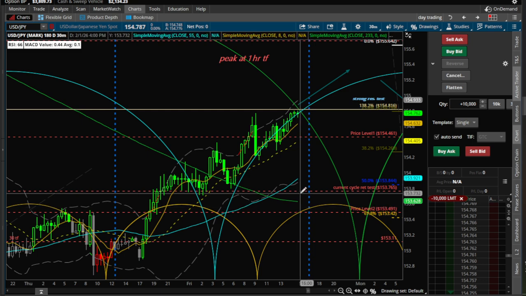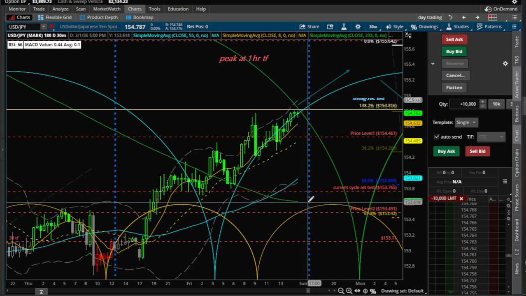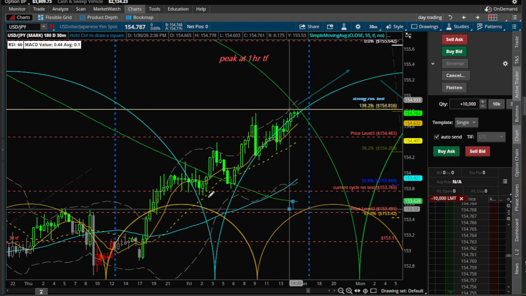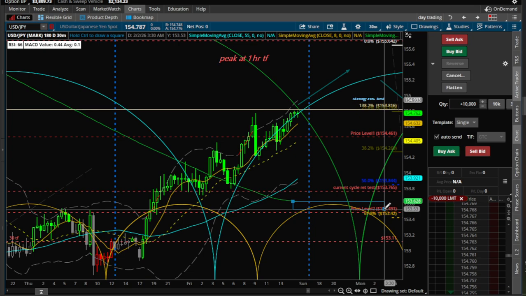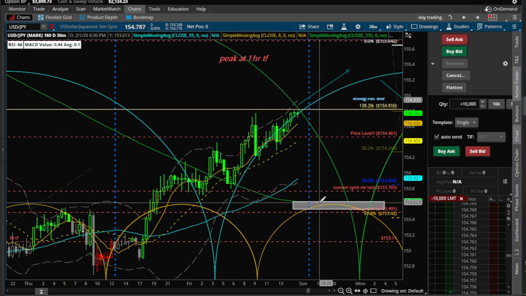Okay. So if we had a long entry at 153.765, we're going to have to zone it. Just take it from the 200 and the top of this candlestick over here. And this would be a stop loss zone.